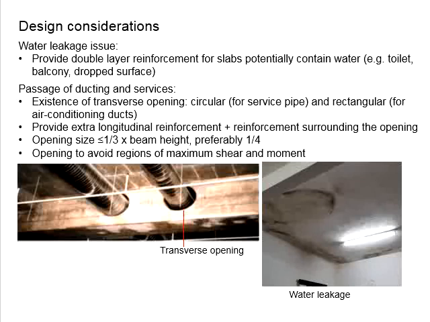There's one more thing about the openings for the beams. Normally you will have to limit it not to have the transverse opening at the regions of maximum shear as well as the regions of maximum moment. It would be good if you have the transverse opening placed somewhere in between the maximum shear and maximum moment.